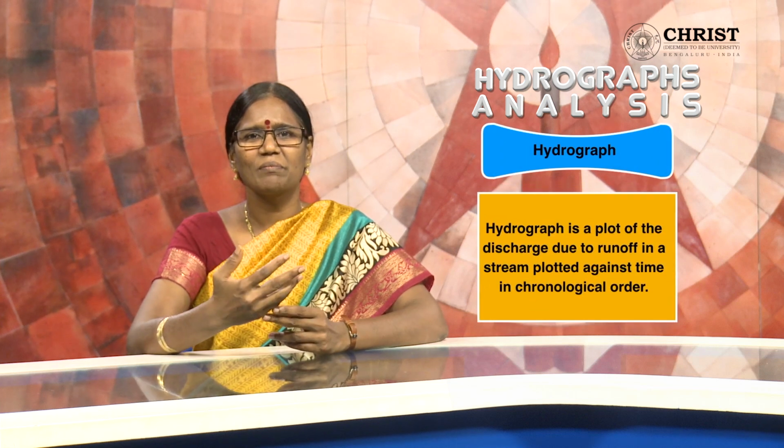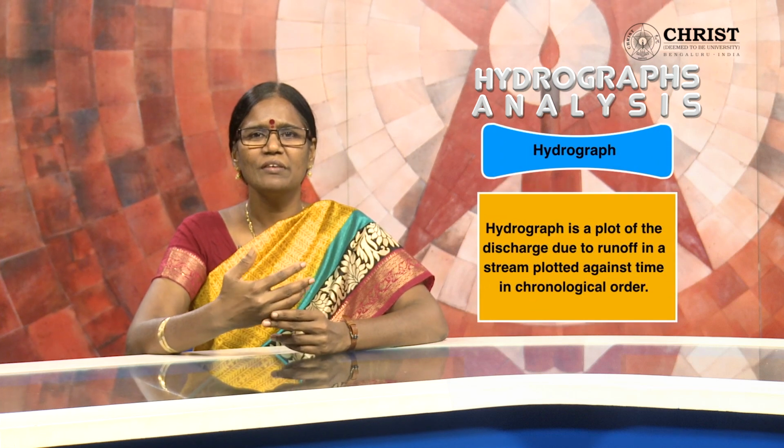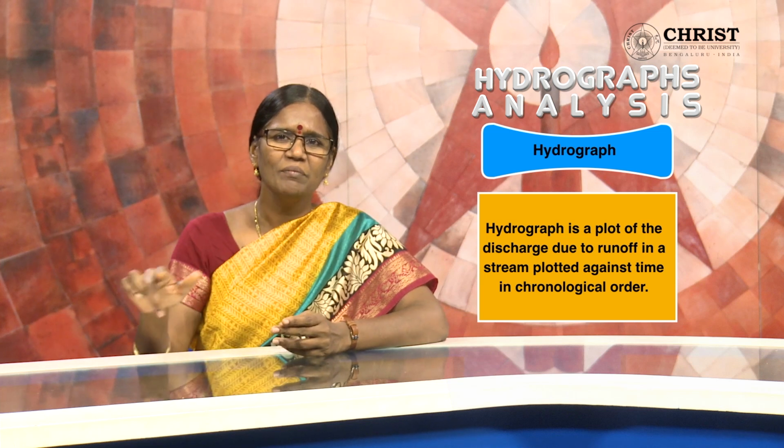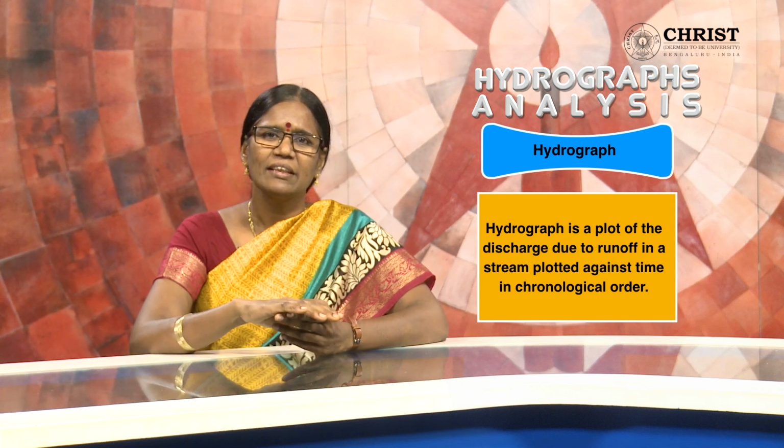After understanding the rainfall and runoff relationship, we come back to our current topic, hydrographs. And what is a hydrograph? A hydrograph is a plot of the discharge due to runoff in a stream plotted against time in chronological order. It gives us information about the rainfall runoff characteristics of a catchment. It shows the response of a given catchment to a rainfall input, and also it consists of flow in all three phases of runoff, that is overland flow, interflow and base flow.